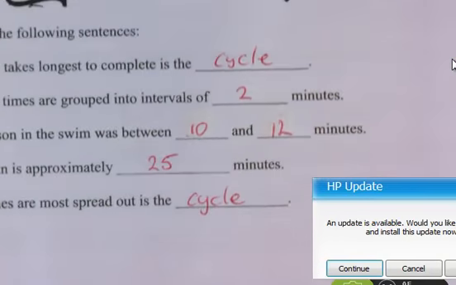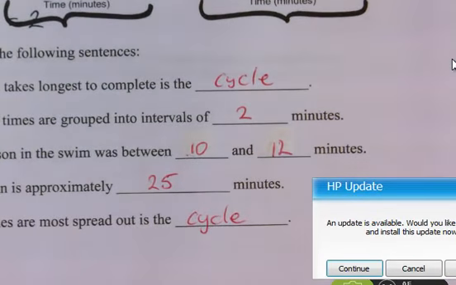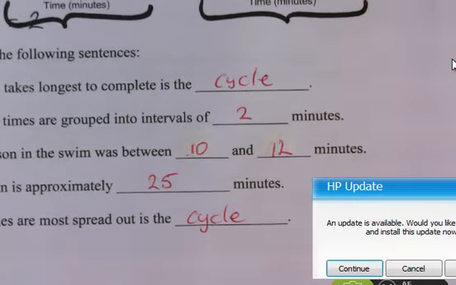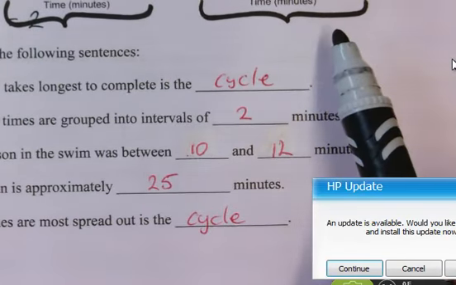So the last question here says, the event in which the times are most spread out. So most spread out. Again, that means you're going to have to take a look at the scales.